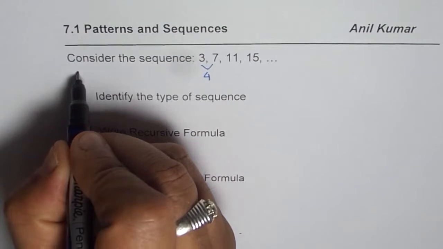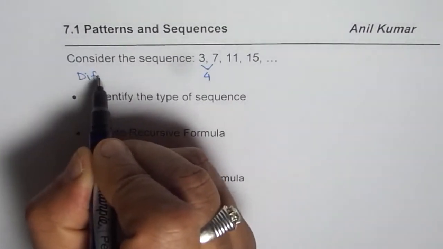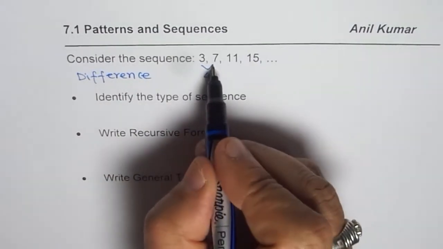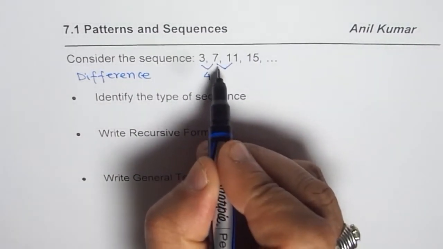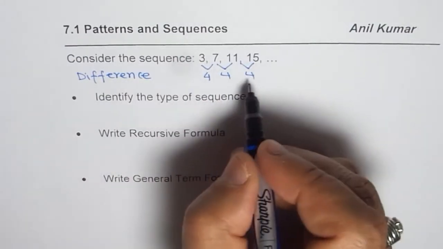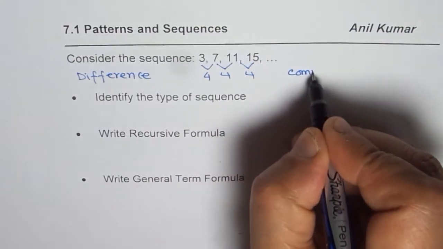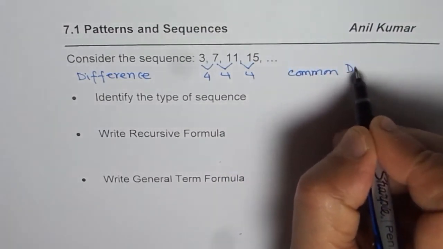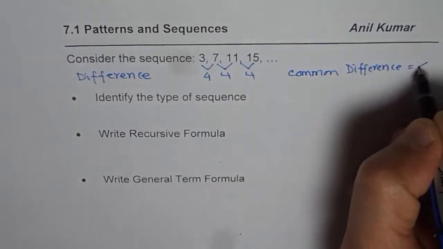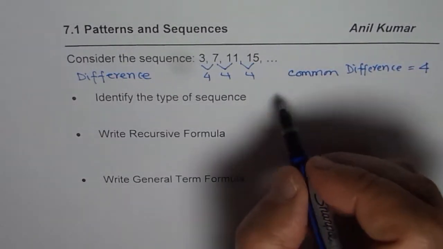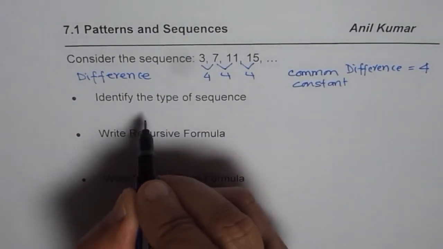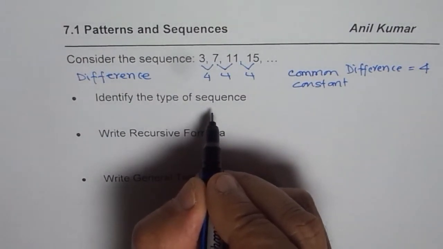So what we are trying to find is the difference between each consecutive term. So difference 7 minus 3 is 4, 11 minus 7 is also 4, 15 minus 11 is also 4. So what we see here is common difference is equal to 4. Since we have a constant common difference, the sequence is arithmetic sequence.